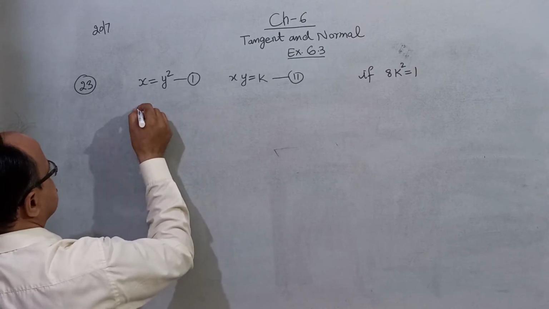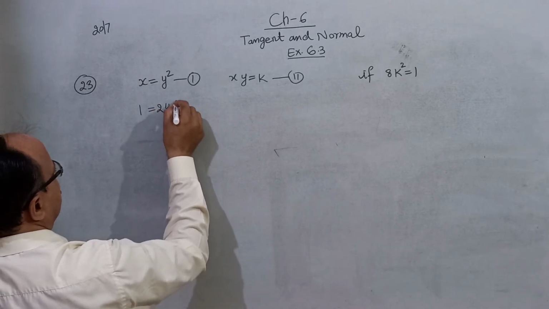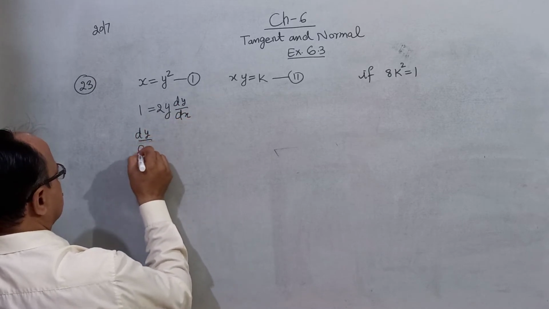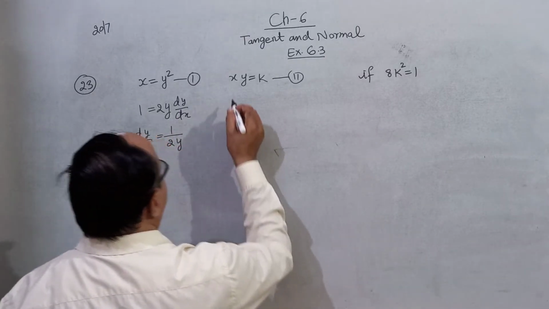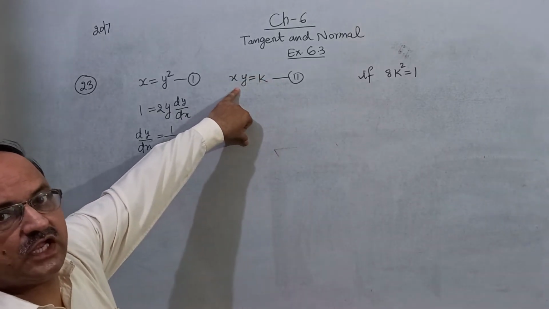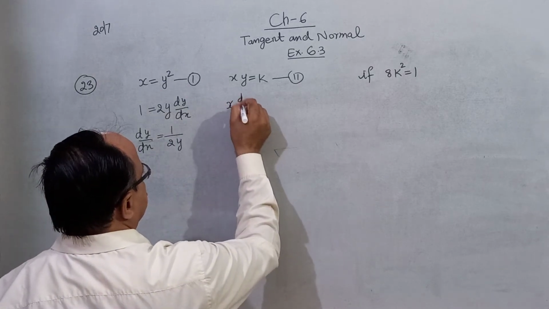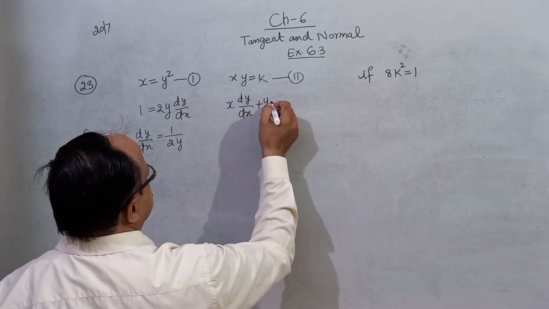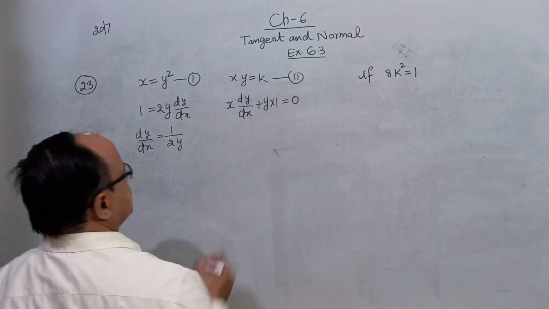Differentiate both sides with respect to x. Derivative of x is equal to 1, and the derivative of y square is 2y dy by dx. Therefore, dy by dx you can write 1 upon 2y. And from here, differentiate both sides with respect to x. Now here apply product rule. X as it is, the derivative of y is dy by dx, plus y as it is, derivative of x is 1, and the derivative of k is 0.